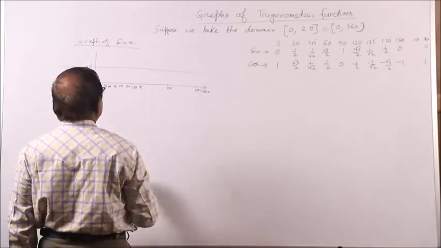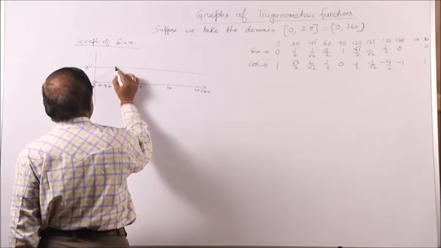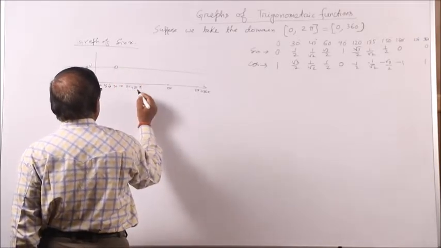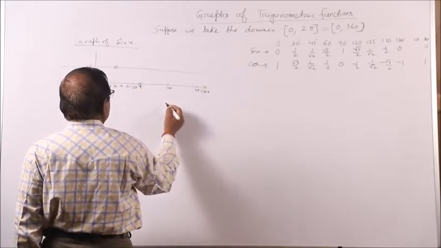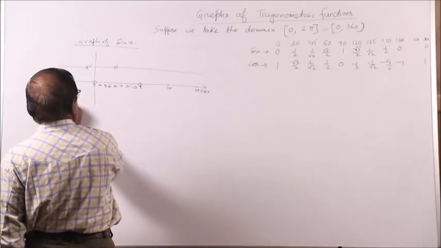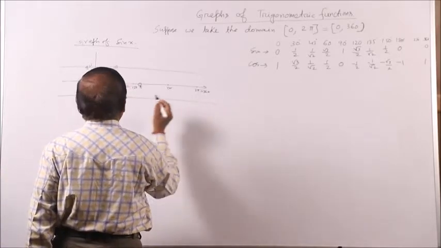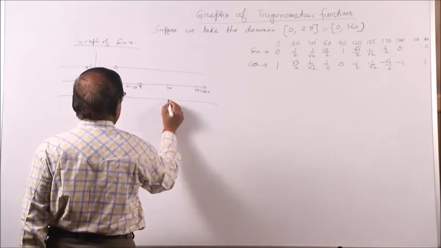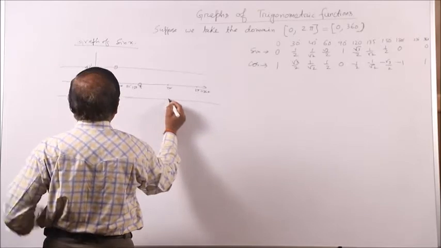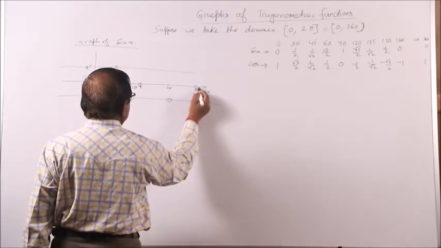So, you know that sin 0 is 0, and you see up to sin 90 is 1, then this is 0, and this is y is equal to minus 1. At 270 it is minus 1, then it is 0.